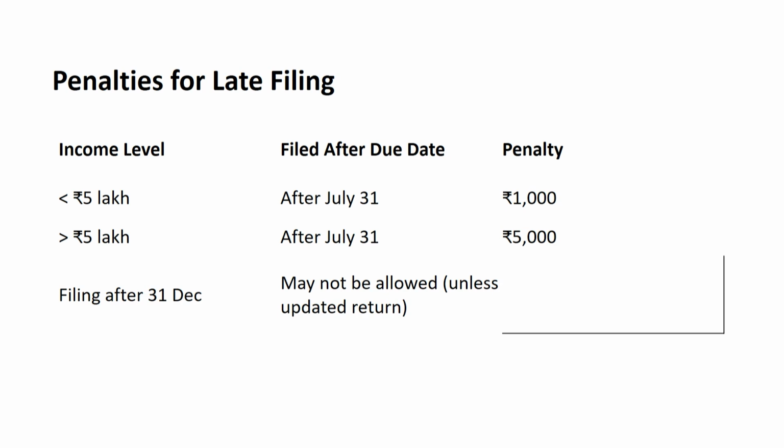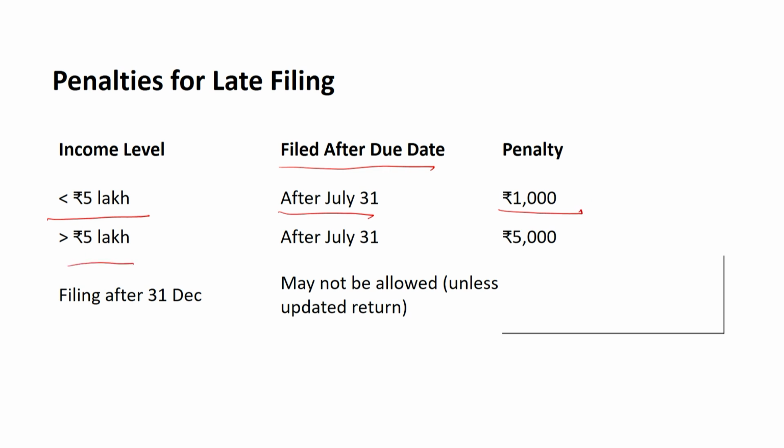Now, the time limit has also been defined in ITR filing. We had discussed this. So, let us understand the penalties for late ITR filing. If your income is less than 5 lakh rupees, filing must be done on the due date, that is July 31st. If you file after 31st July, the penalty is rupees 1000.